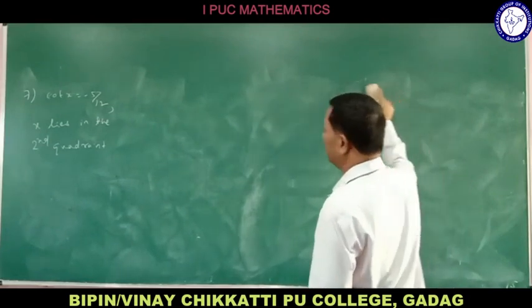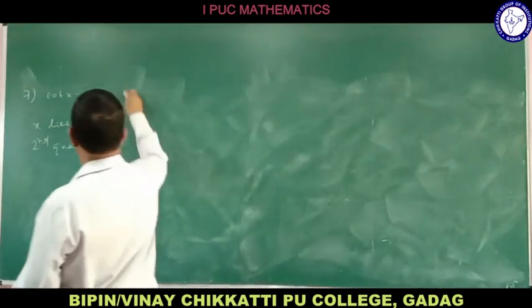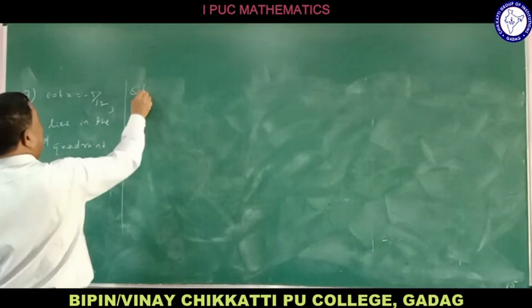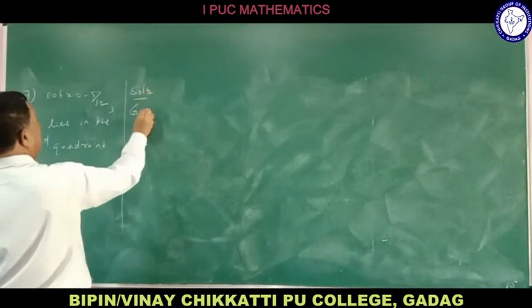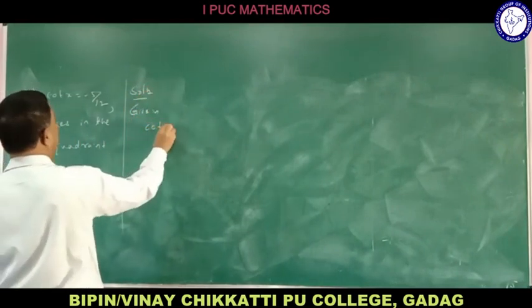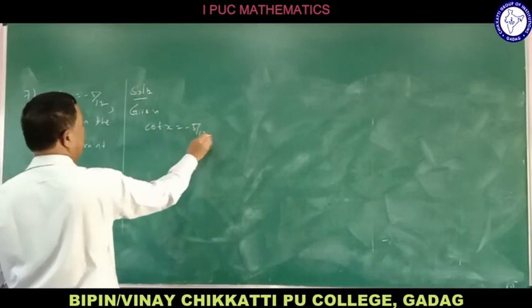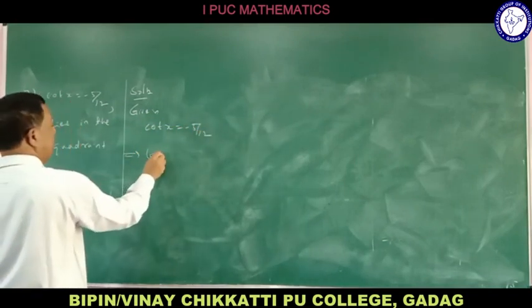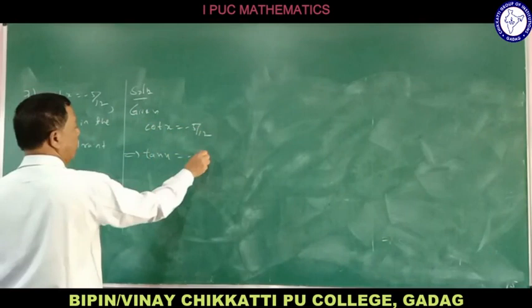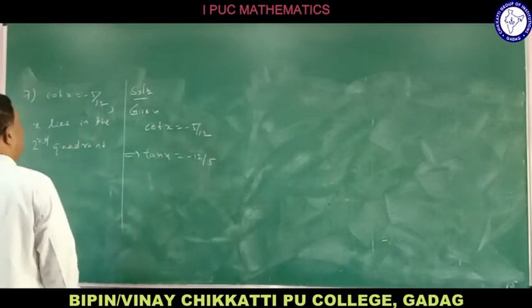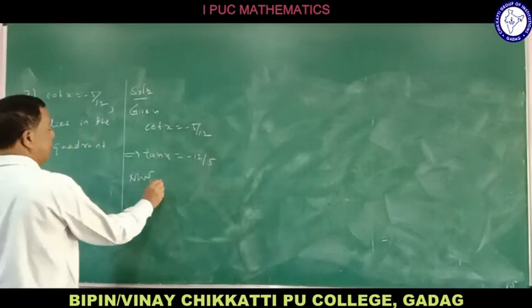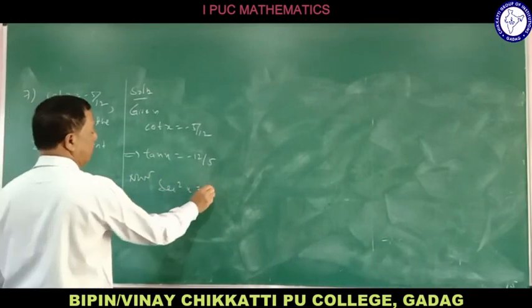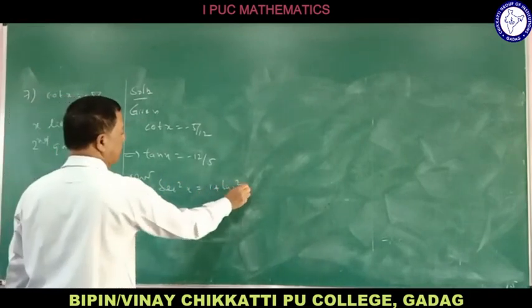So the thing is only solving with proper identities. What is given? Given is cot x is equal to minus 5 by 12. This implies directly tan x is equal to the reciprocal, minus 12 by 5. Now sec square x is equal to 1 plus tan square x.